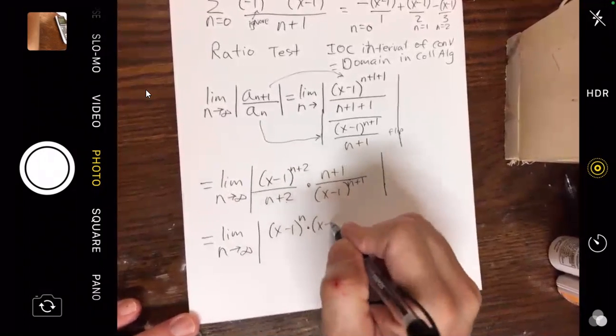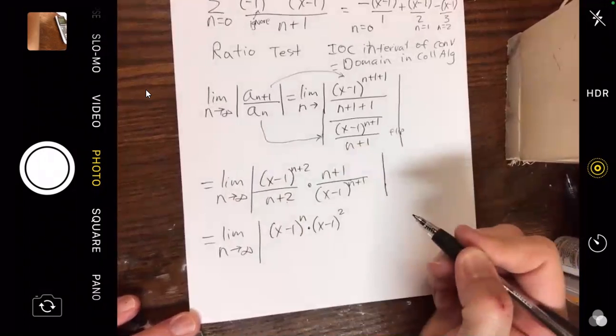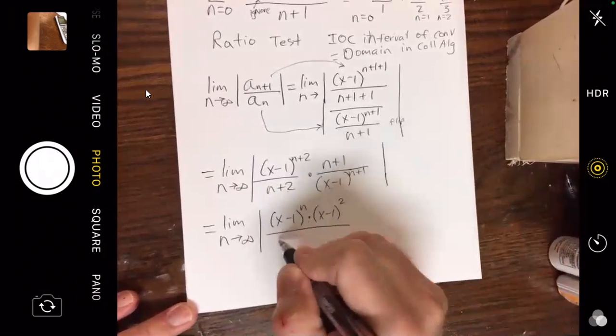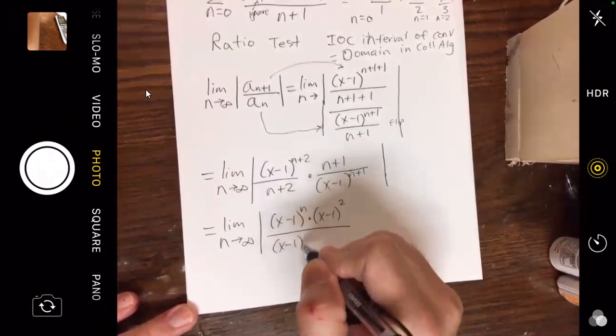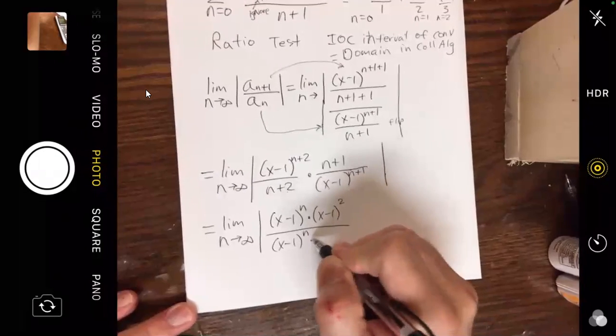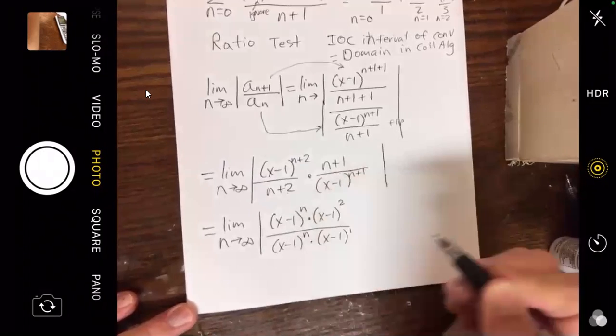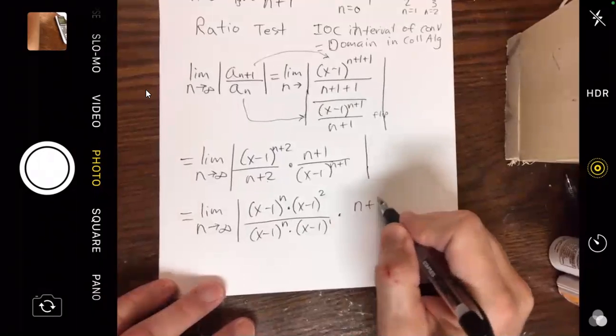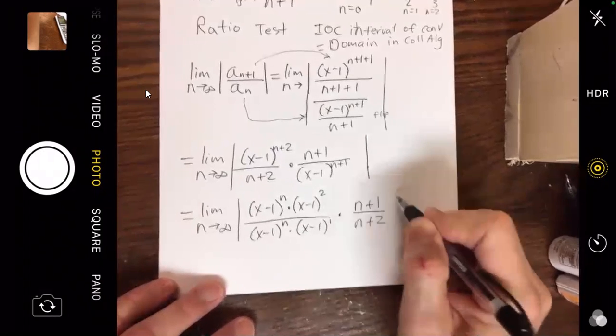Times x minus 1 squared. I'm going to divide that by x minus 1 to the n, and then x minus 1 to the 1. And I'm going to collect over here n plus 1 over n plus 2.